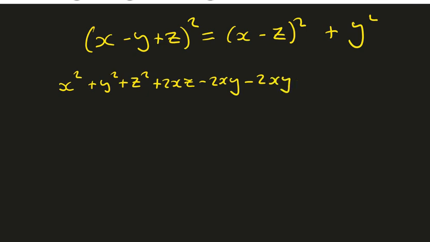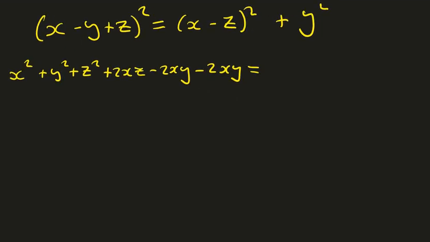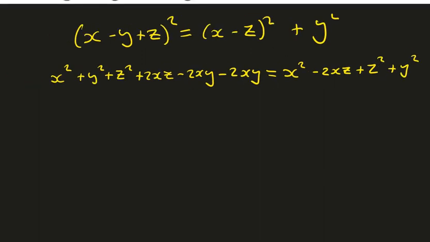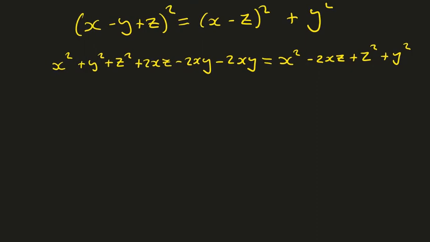So that is going to be our left-hand side. Our right-hand side is going to be x squared minus 2xz plus z squared, and then plus that y squared still on the end. Okay, so if we now move those around a little bit, let's collect up some terms and move things around. Maybe we can cancel some things.